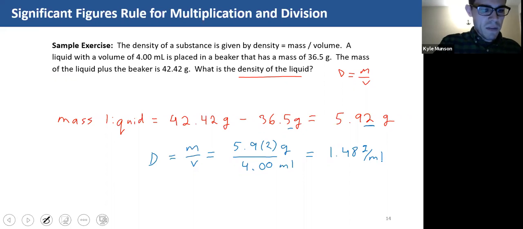So how many significant figures can this answer have? Well, remember this 2 here is the guard digit, okay? So we can ignore it when we count the number of significant figures in the number. So this has 2 sig figs then. Okay, this has 3 sig figs.